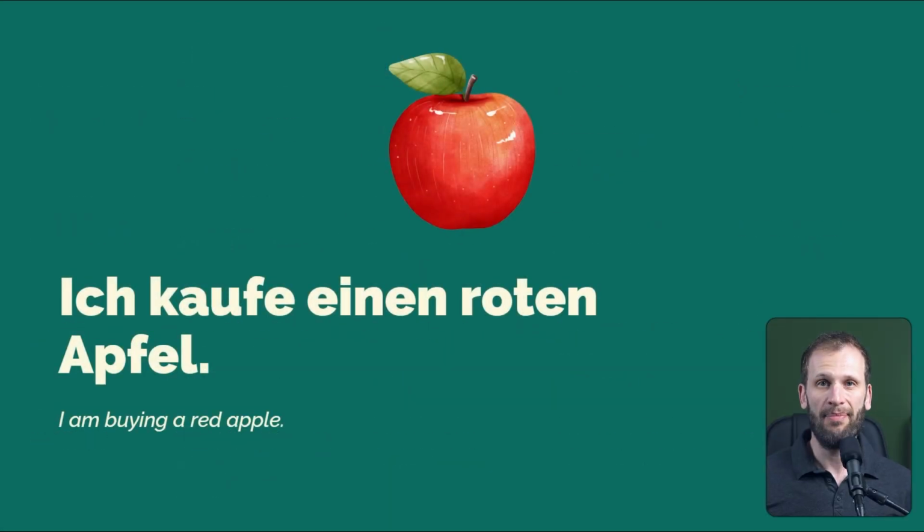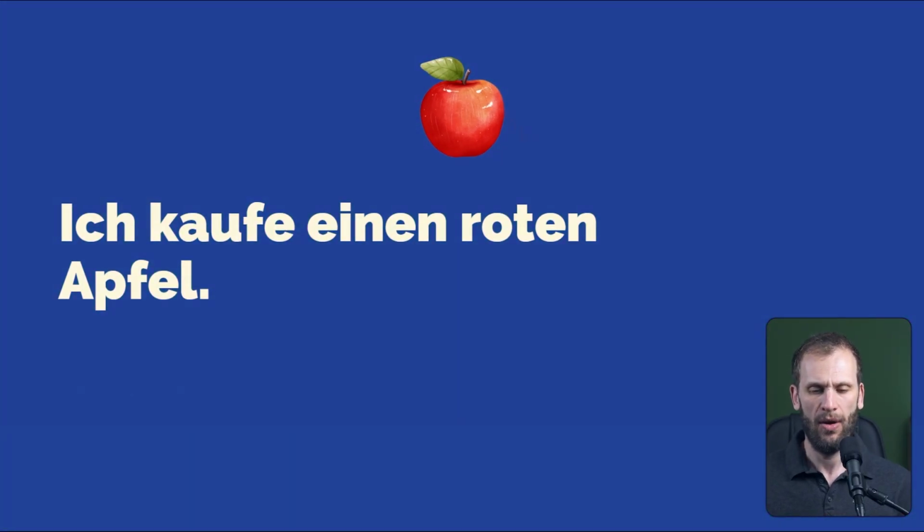So the first example sentence is: Ich kaufe einen roten Apfel. I'm buying a red apple. What have we got here? Well, kaufen, like most verbs, needs the accusative case, and Apfel is masculine. Always try to learn the nouns together with the article. That's the best practice. There's also a video on tips to know which article a word has.